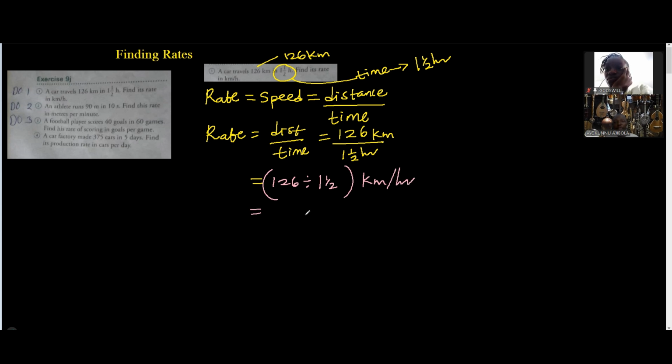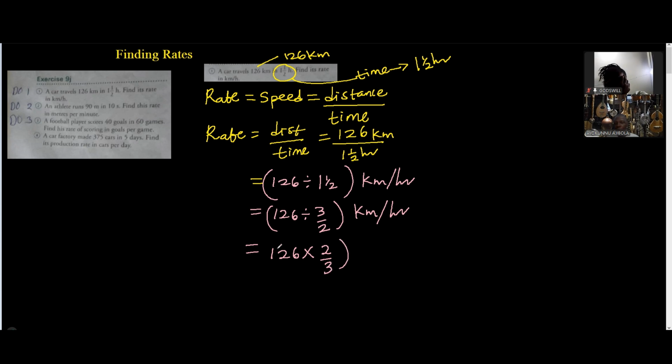So 1.5 is 3 over 2. That means 126 divided by 3 over 2, because 3 over 2 will give me 1.5, still in kilometer per hour. Then we have to change this to multiplication. That is something we have done before. Then we have 126 times 2 over 3 in kilometer per hour.